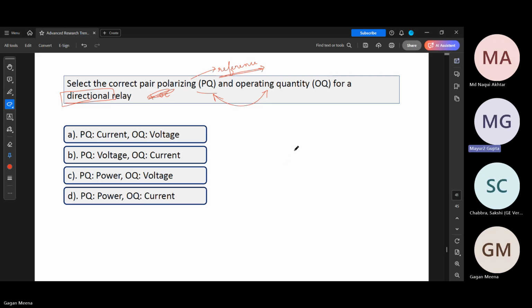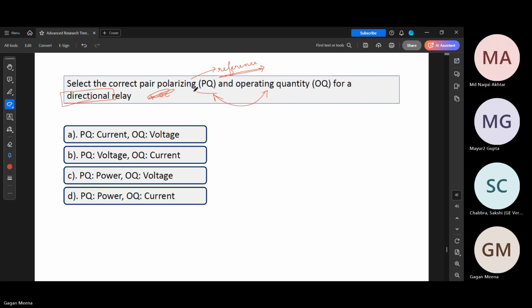So actually, whenever a fault is there, for the current, the phase angle and the magnitude both will change. But for voltage, the phase angle won't change much. That's why it is taken as a reference. So a reference is something which won't change.